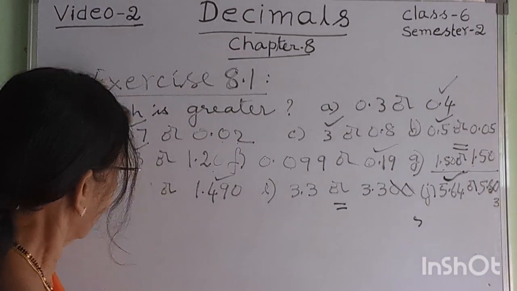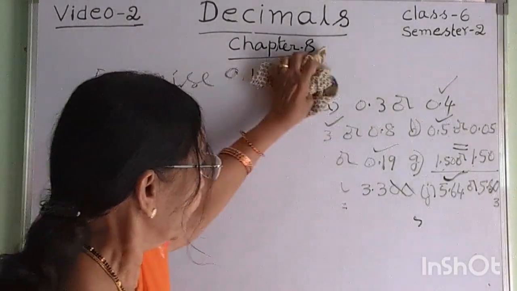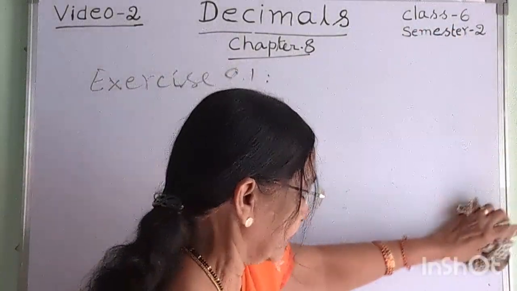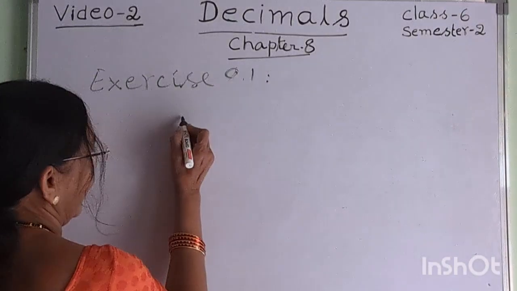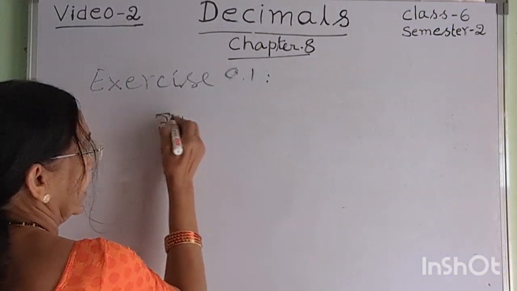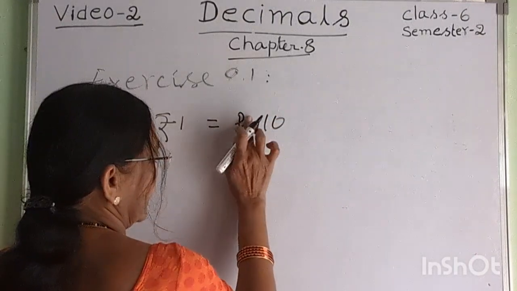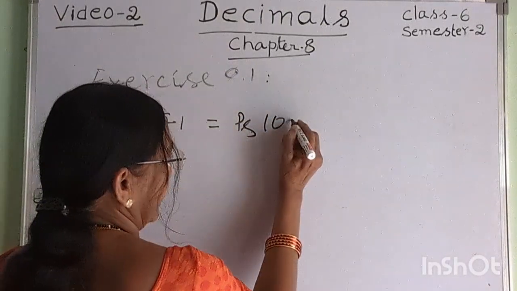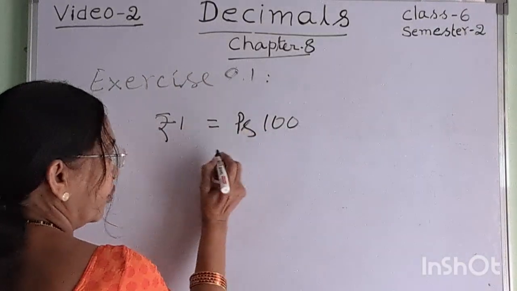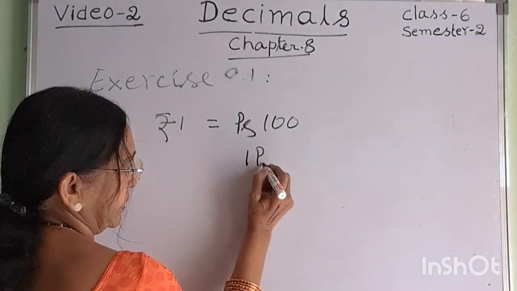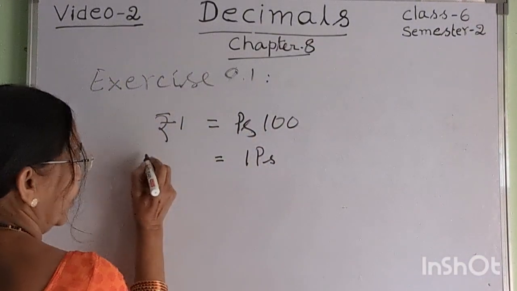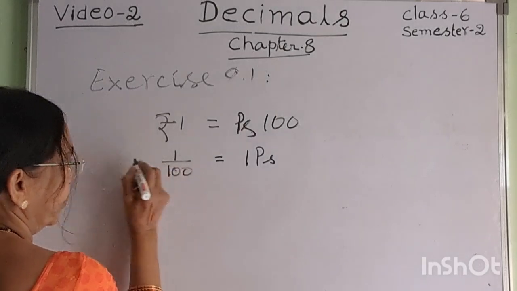Next, yesterday we learned that 1 rupee is equal to 100 paise, or 1 paise is equal to 1 by 100 rupee.